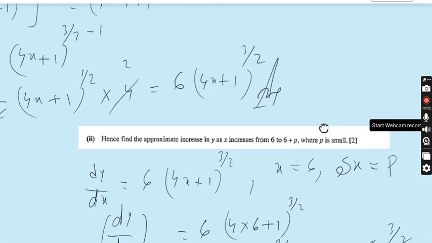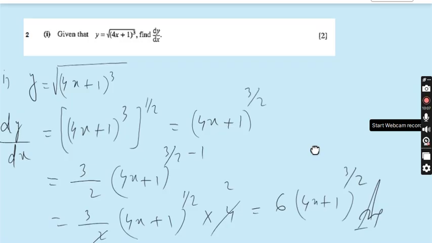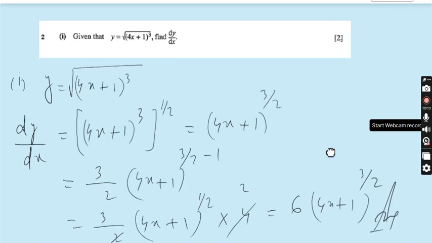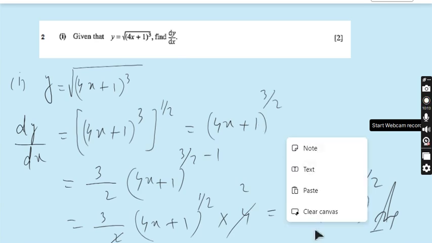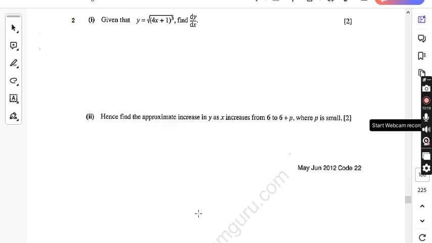Move to the next question. This question came in May-June 2012, paper 22, and the question number was question number 3.